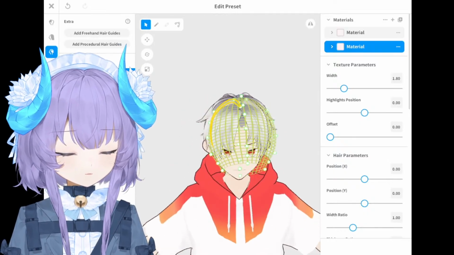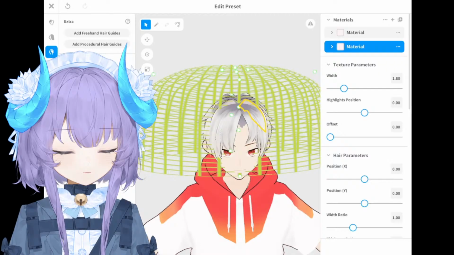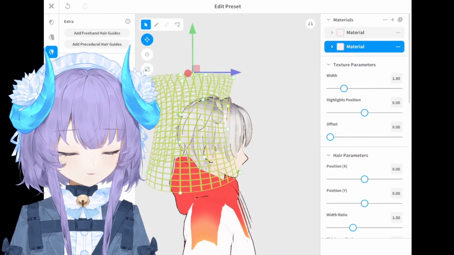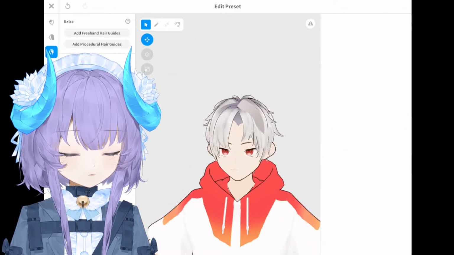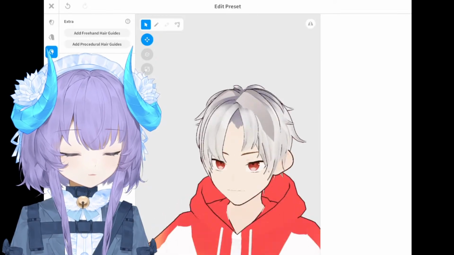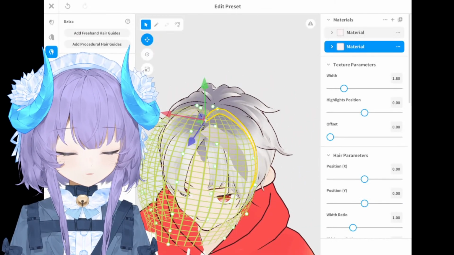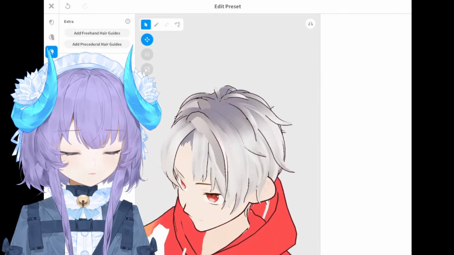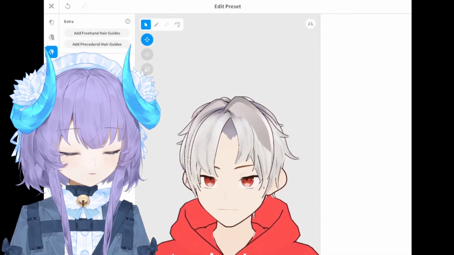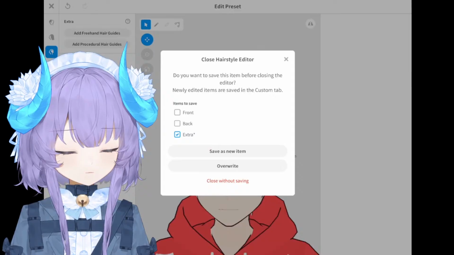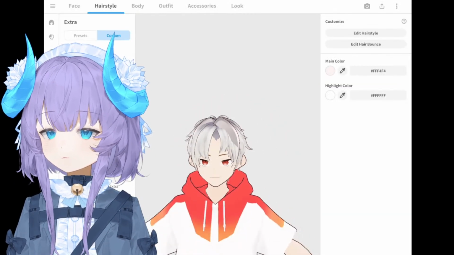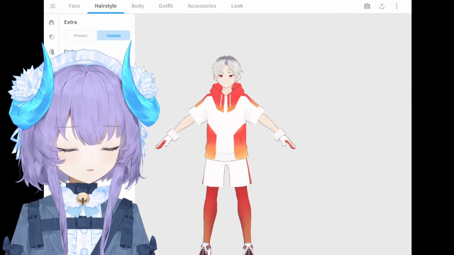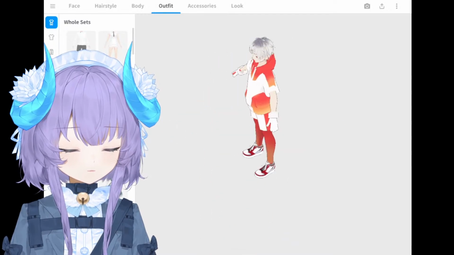I wish I could select multiple groups at a time, because I can't just move them all forward. I see. Okay, interesting. That's how it does it. Interesting. Okay, well, I may take that into... No, close that. Yeah, anyway, I'll figure that out at some point, but yeah, I was working on his outfit.